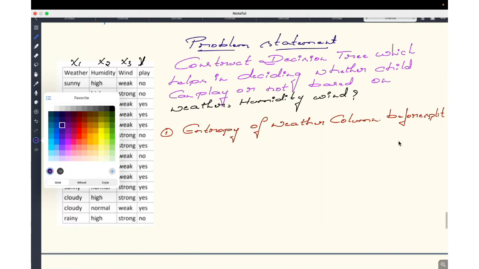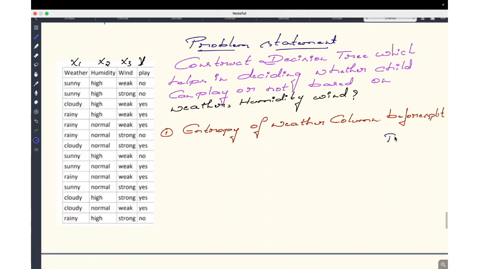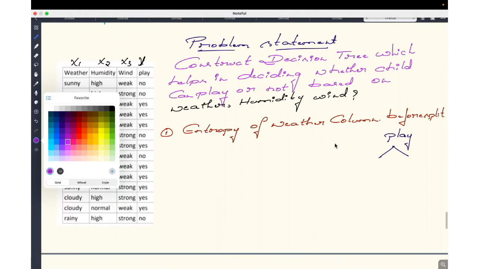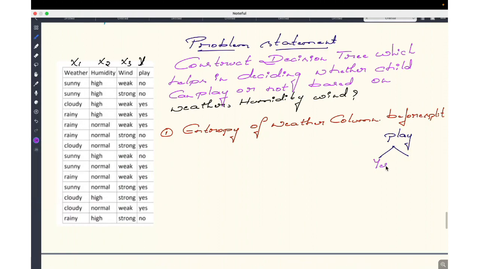What are the categories available in the play column? You have two categories, yes or no. Now we need a count of how many yes, how many no. So 1, 2, 3, 4, 5, 6, 7, 8, 9. So it's 9 yes, and 1, 2, 3, 4, 5, so 5 no. Done.